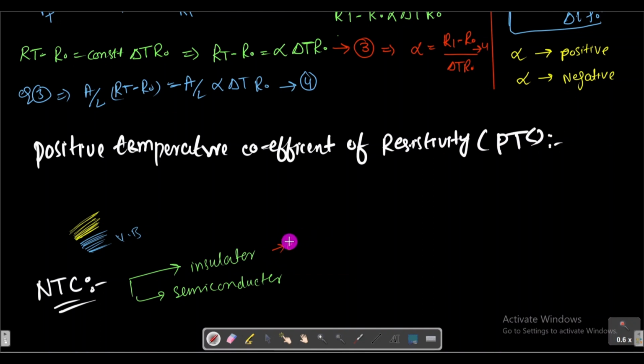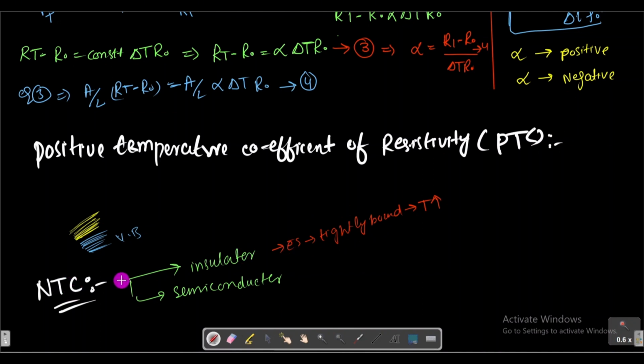If we increase the temperature, the tightly bound electrons will get energy from the temperature, due to which they can become free from the atom, and that free electron is called a conduction electron. Due to this the current will flow in the conductor, and the resistivity will be decreased.